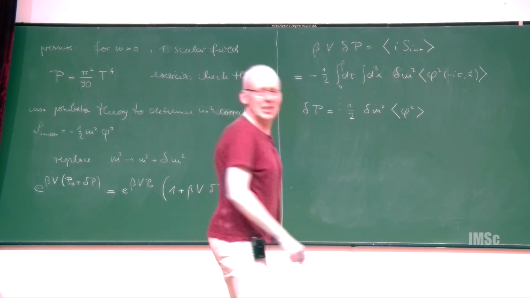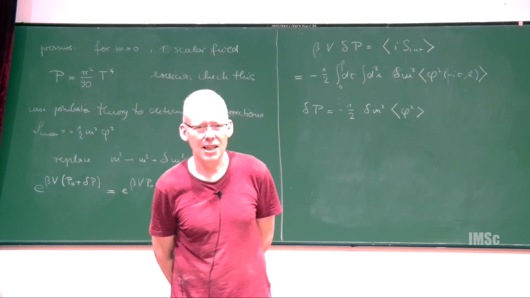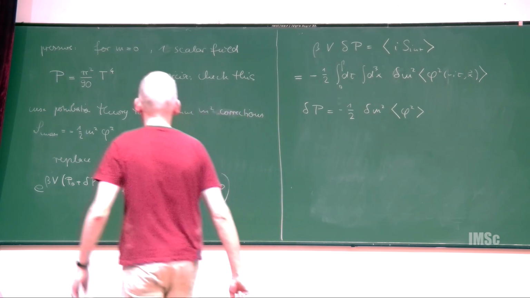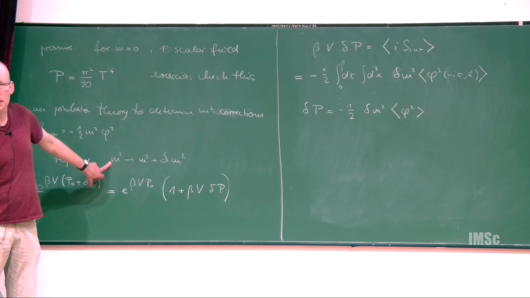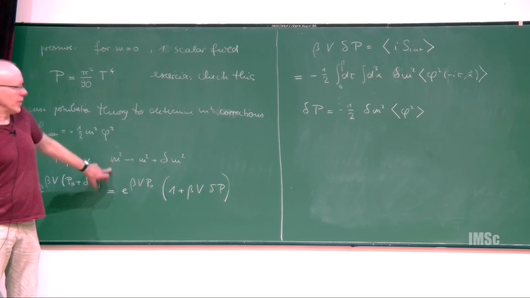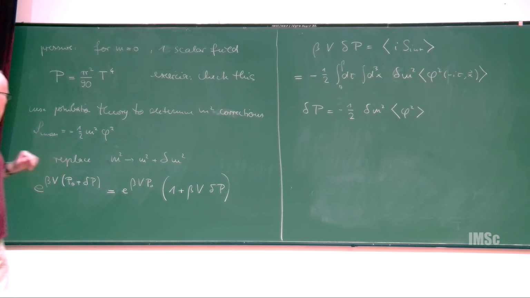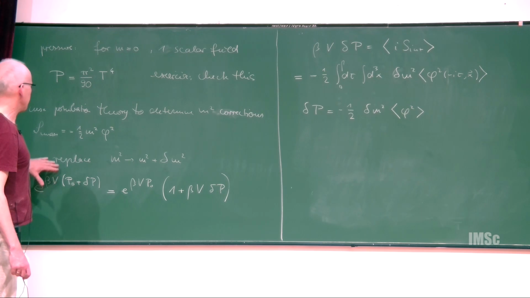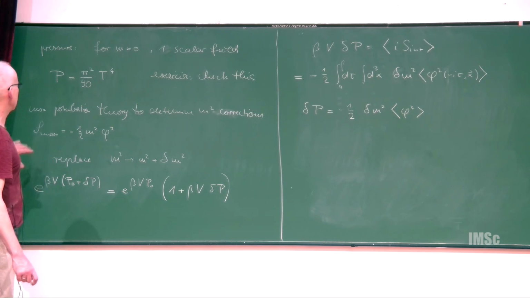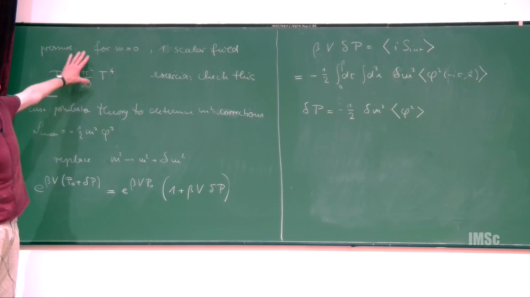I have a question here. The last second line where you write replace m squared by m squared plus delta m squared, it is basically 0 going to 0 plus delta m squared, right? Because you write p0, which is what? No, okay. This is in a way more general than this here.